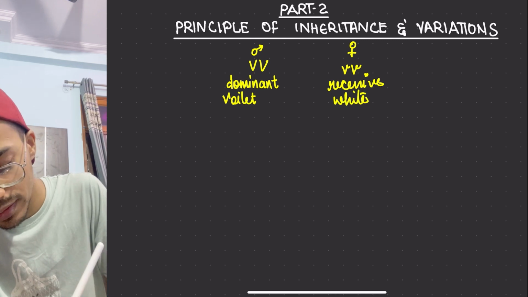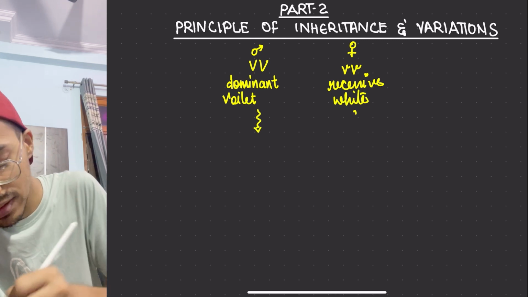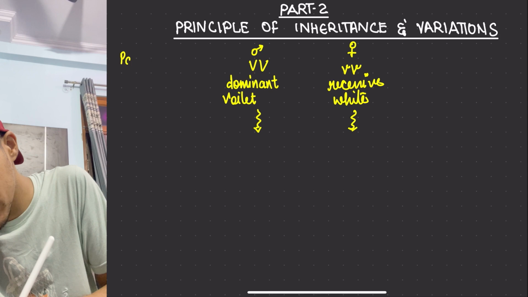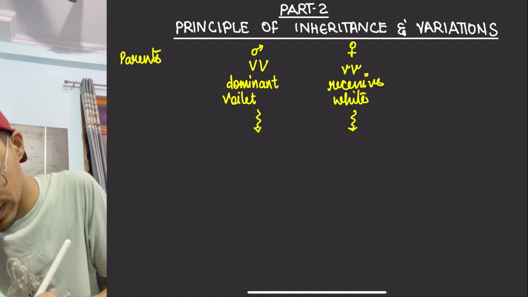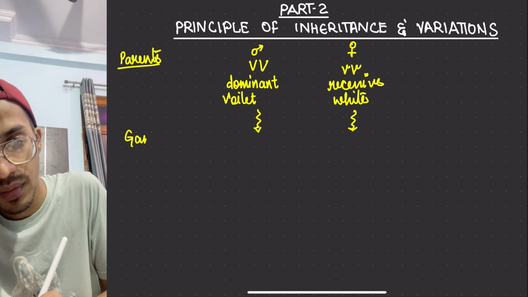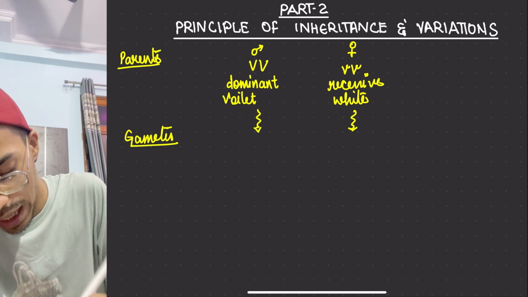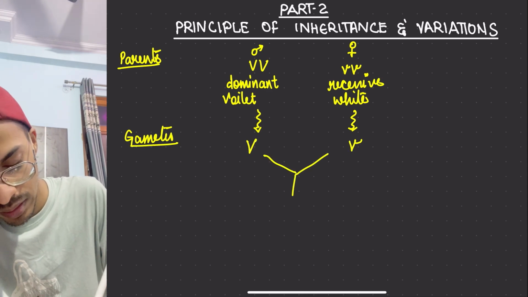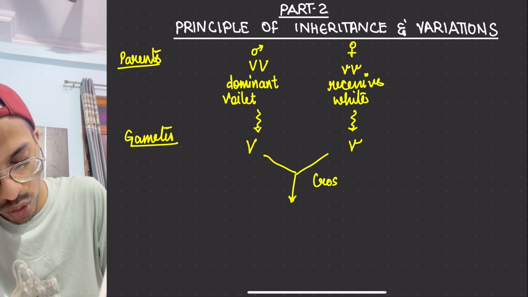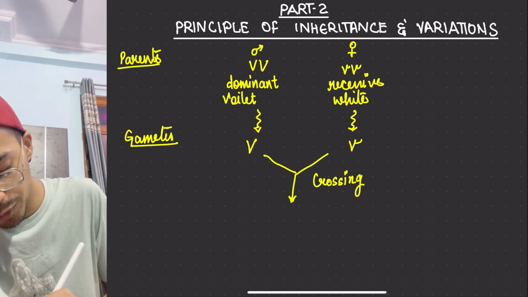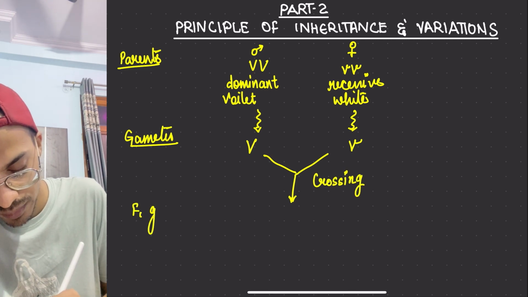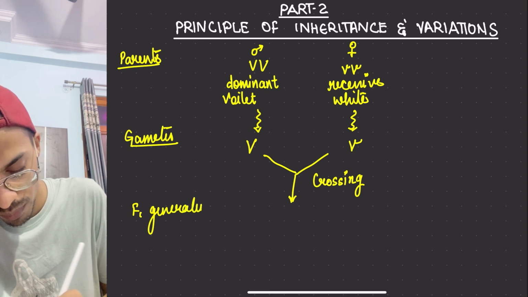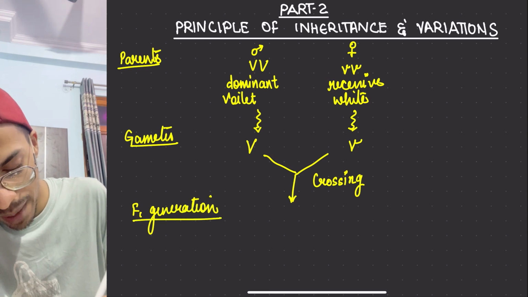Now what happens? They will make gametes. So these are the parents, and these are the gametes: capital V and small v. They are crossed, and this will be the first filial generation. Capital V, small v.